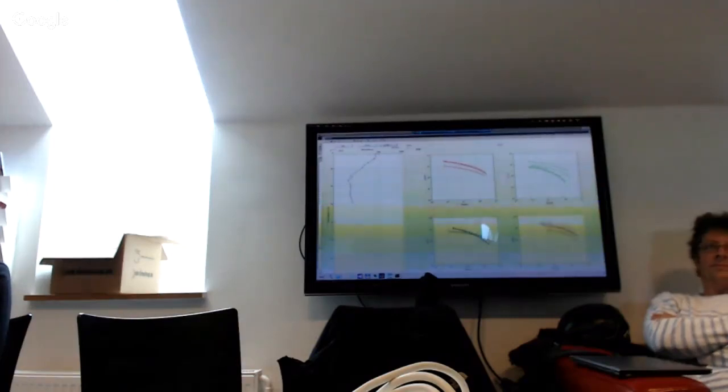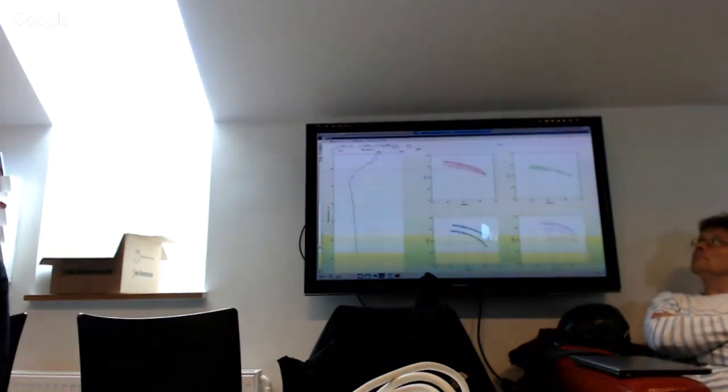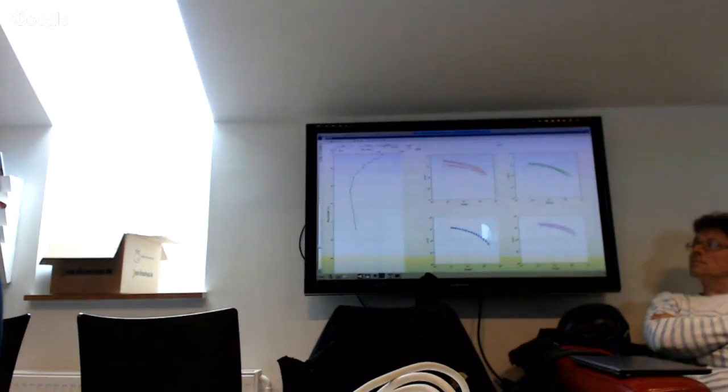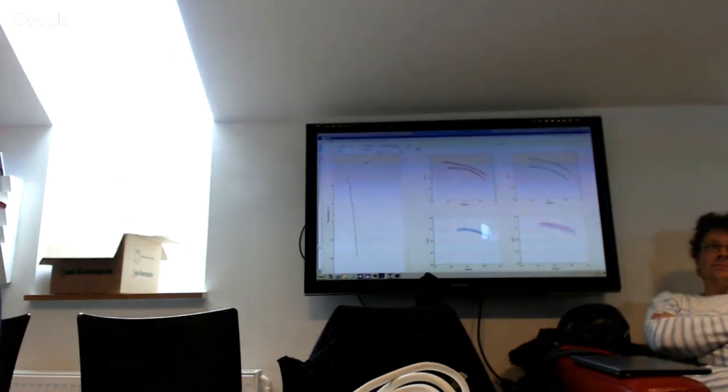Again, we have positive and negative data in the same place in the pseudosection. Negative and positive. Negative, positive, positive, positive. Negative, negative, and positive, positive, positive. Negative, positive, negative, negative, positive, positive.